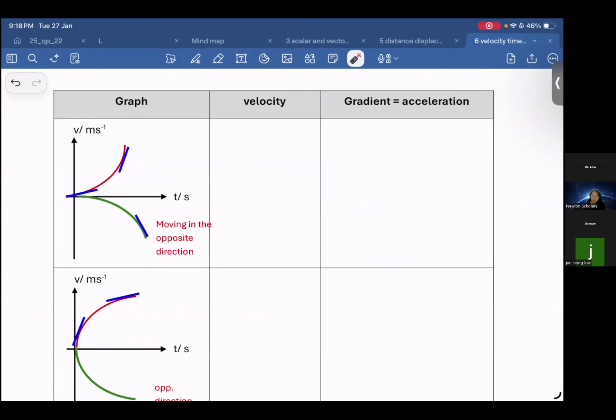Here, what happened to your velocity? For this one I already drew the line to show you. From the graph, from 0 here going up, so velocity is increasing.